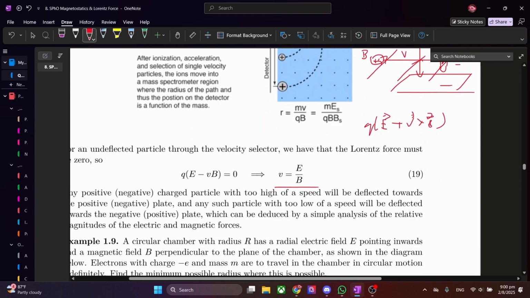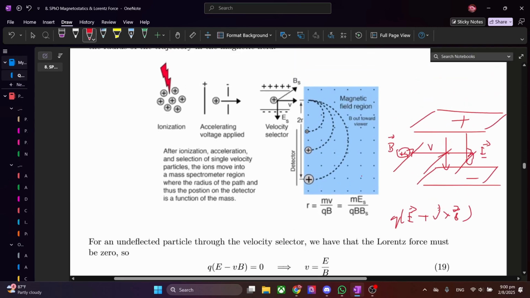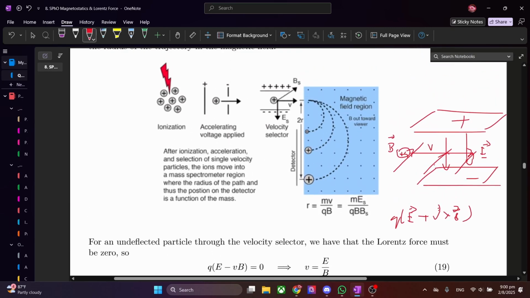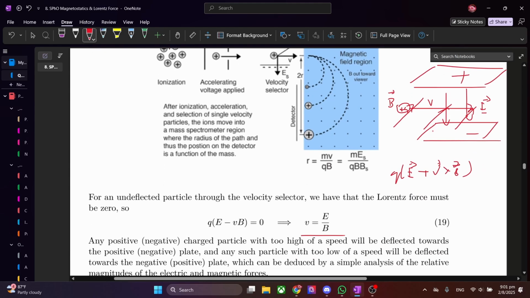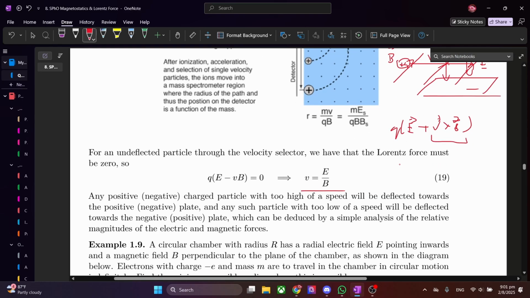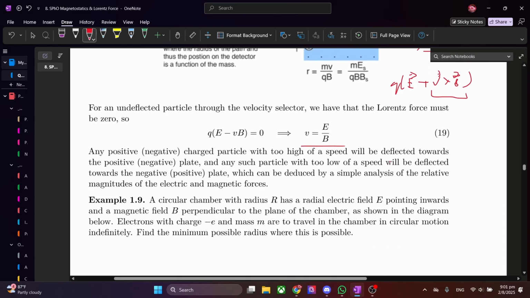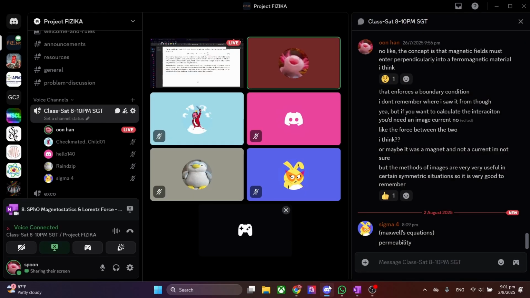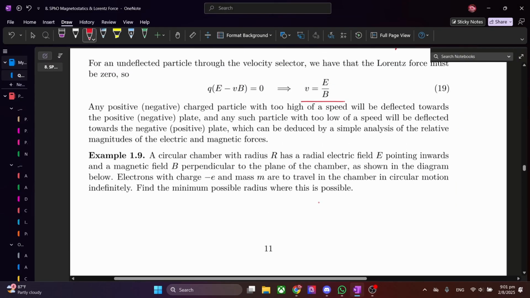You can think about how the velocity selector works by yourself. It's not too difficult to understand: the electric force and the magnetic force will cancel each other out for the perfect speed, because your magnetic force depends on the speed. So that's how velocity selectors work. There will be a few questions later on velocity selectors because they require a basic understanding of them.